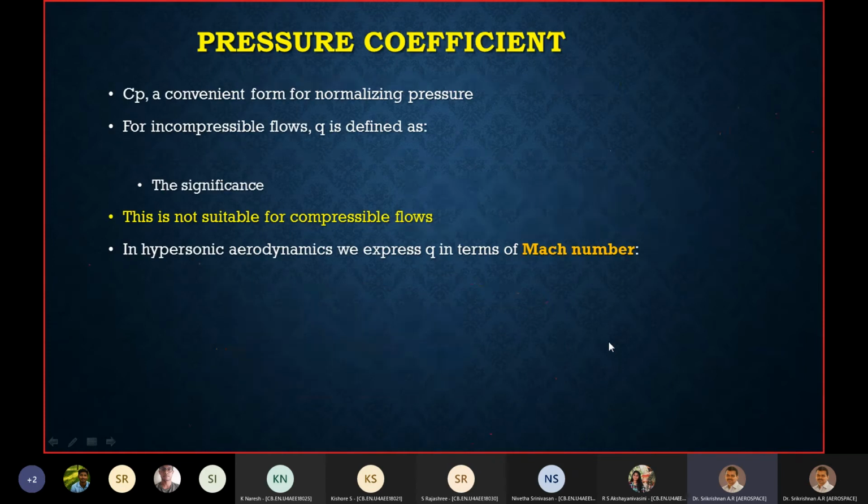Today we will just close this by looking at the pressure coefficient definition also, which we are going to use subsequently in many of the oncoming sessions. CP, the pressure coefficient, is a very convenient way of expressing the static pressure distribution, starting from thermodynamics or even fluid mechanics.